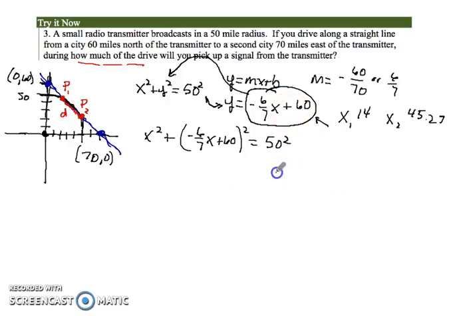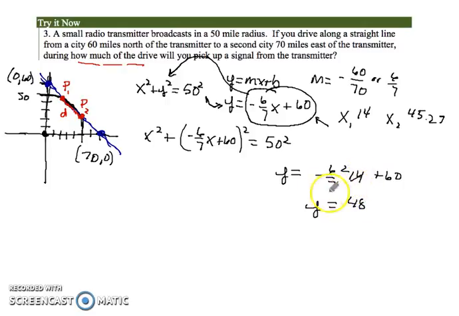Now we need to plug those values in there to find the y. So, for example, y is equal to negative 6 over 7, let's put the 14 in there, plus 60. Well, let's see, 7 goes into that 2 times, so that's 12. So y is equal to 60 minus 12, which is 48.